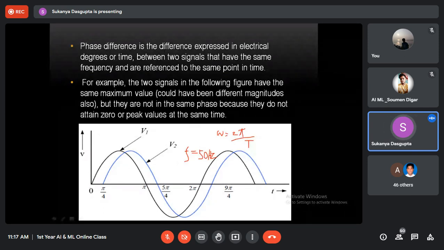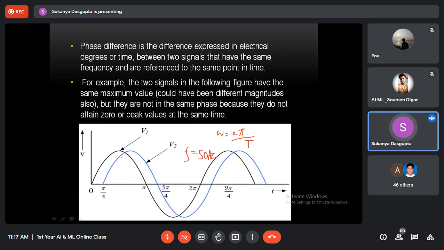Fine. But one has started from 0 instant, the second one has started from pi by 4. Or you can say that the second signal is lagging the first signal by pi by 4. That means there is a phase angle. They are not crossing the zeros at the same time. The black colored signal has crossed zero at 0, and the blue colored signal is crossing zero at the instant pi by 4.